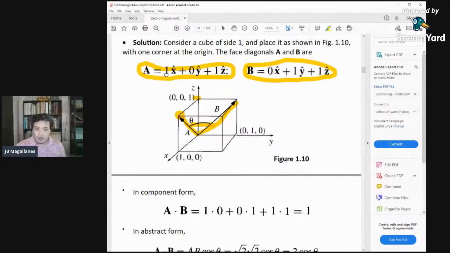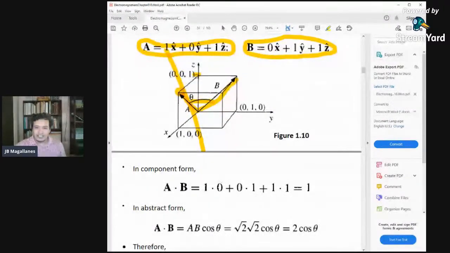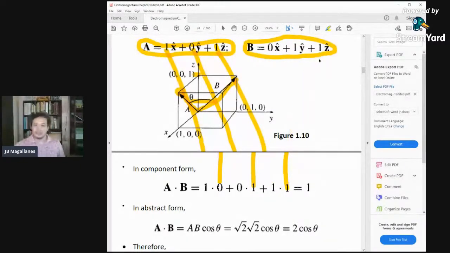So this is 1, 0 is here, and this one is 0, and then your 1 would be this one, and your 1 here would be that also. So your A dot B is equal to 1.